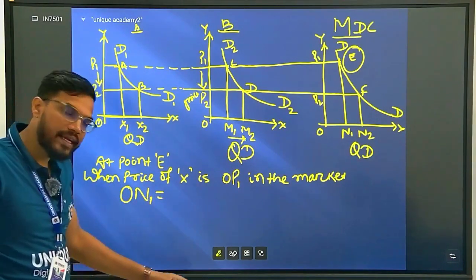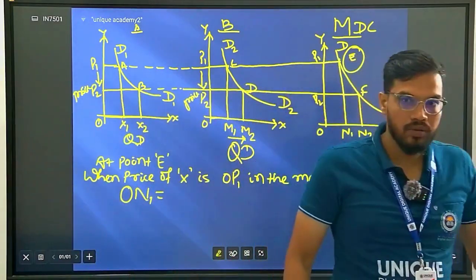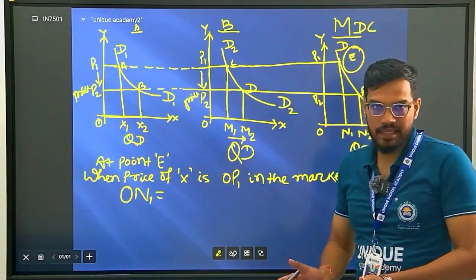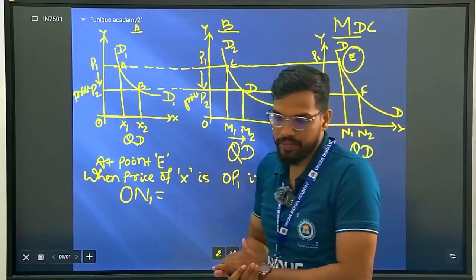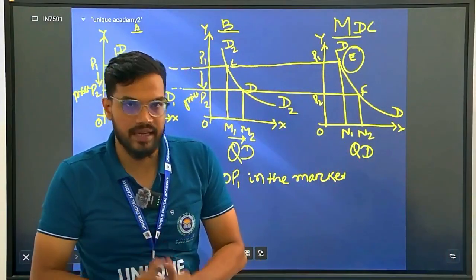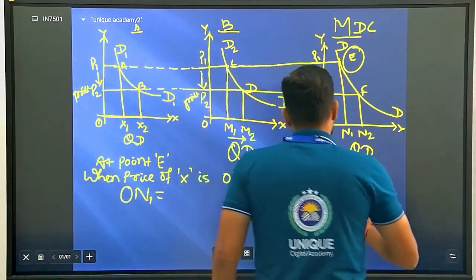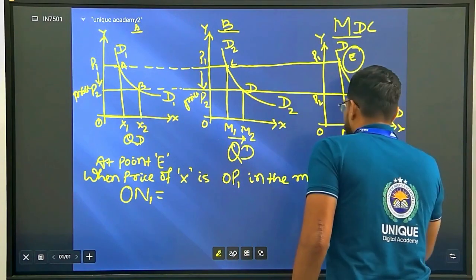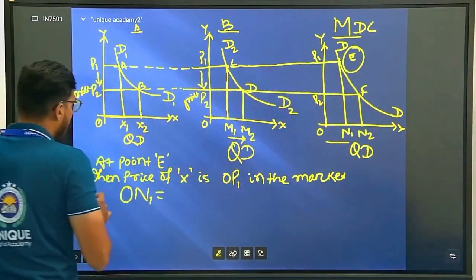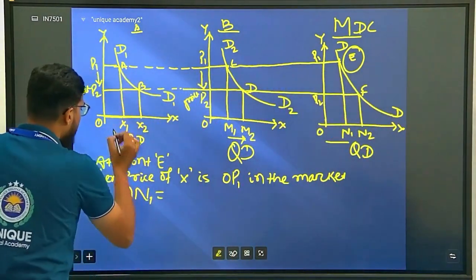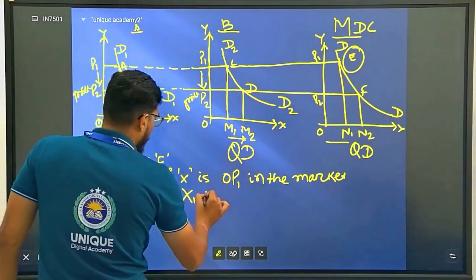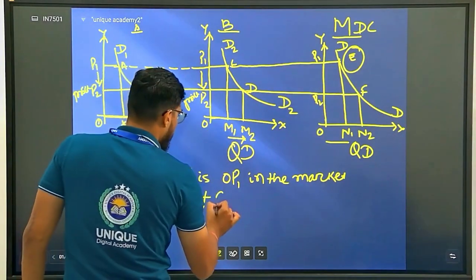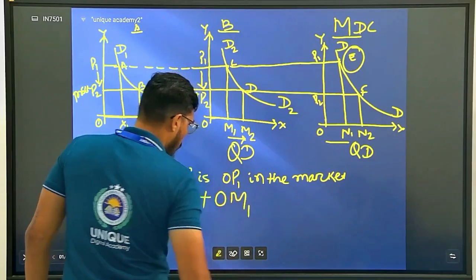In the market demand table, we add the demand of individual A with the demand of individual B and we get the market demand. So, the market demand ON1 is the sum of individual A's demand OX1 plus individual B's demand OM1.